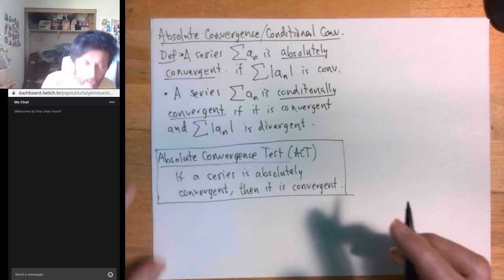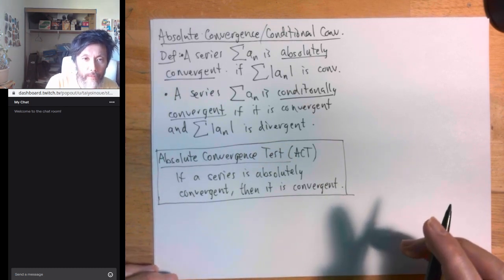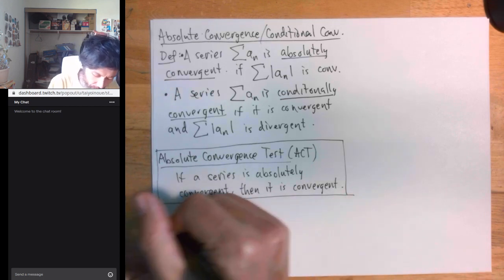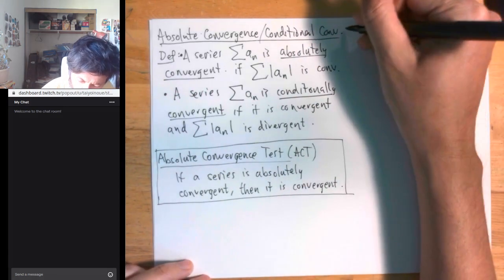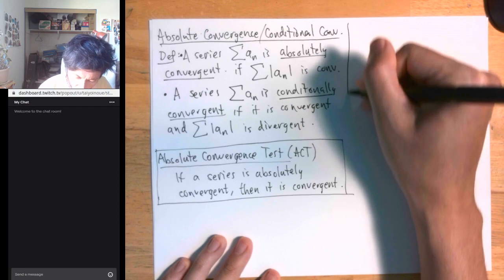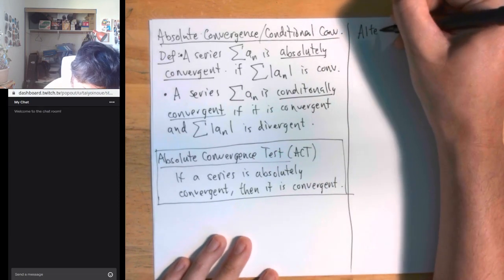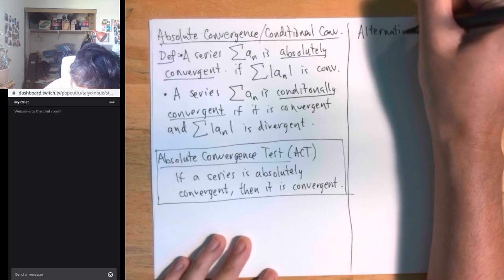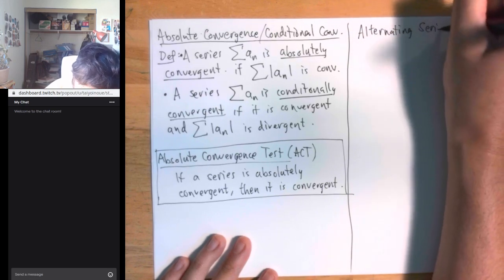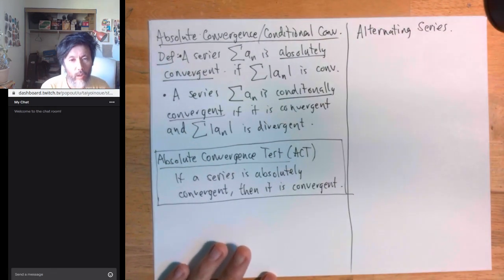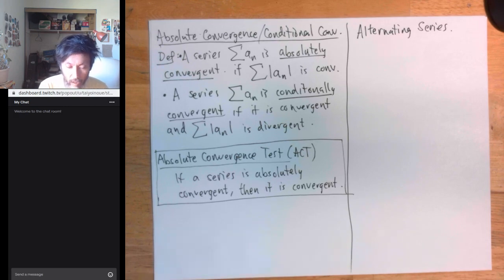Okay. I want to also introduce today alternating series. Maybe I'll do that over here on this side, okay? So alternating series are a series of the following form.